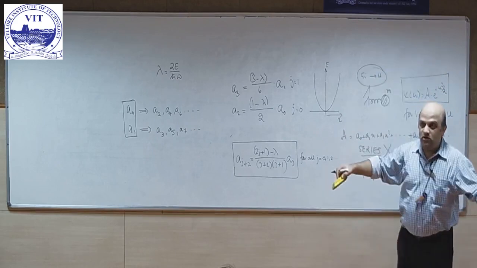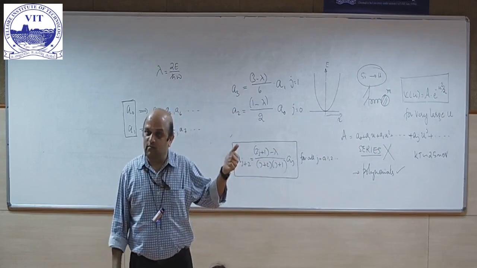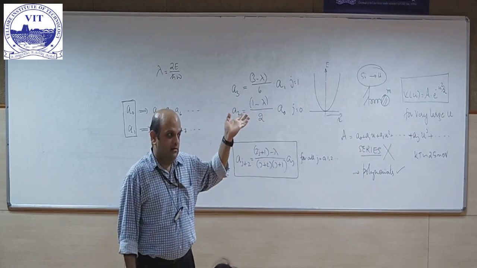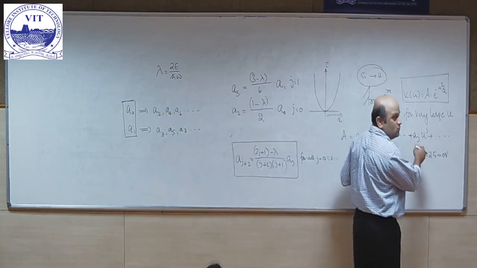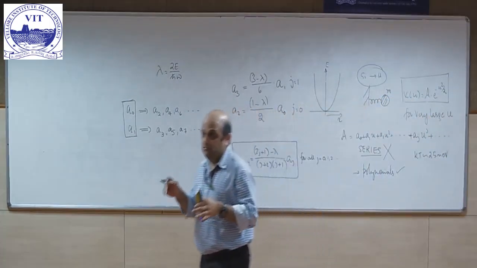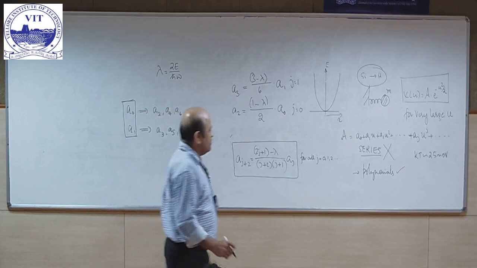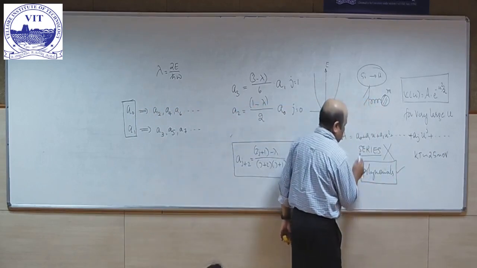There is no harmonic oscillator, so explaining the wave function doesn't mean anything beyond that value of energy. Okay, so that means this series has to truncate or break at certain values of A in a real system. Okay, so that is why we write this in terms of some polynomials.